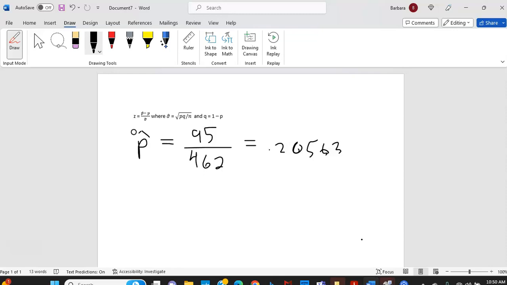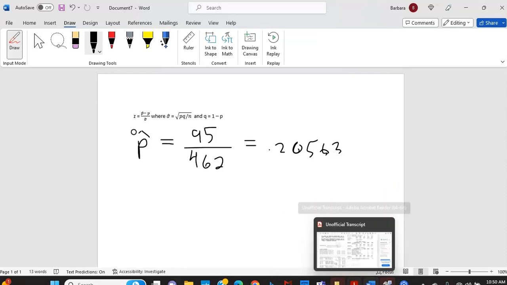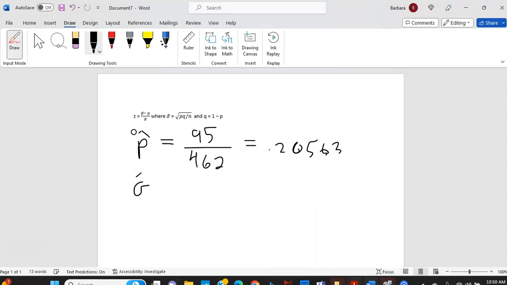Now let's notice that we've got to find our sigma hat first. That's going to be our p, which we had in our null hypothesis, 0.19. And q is always 1 minus p, or 1 minus 0.19, so it's going to be 0.81.